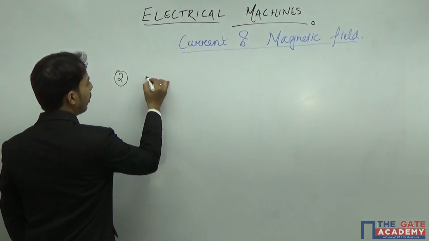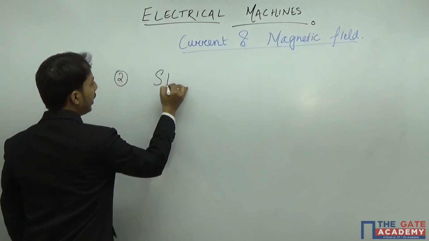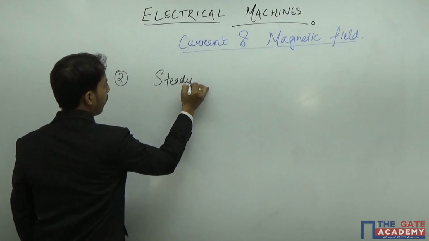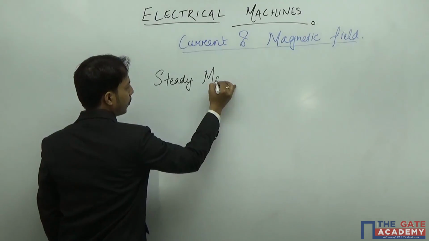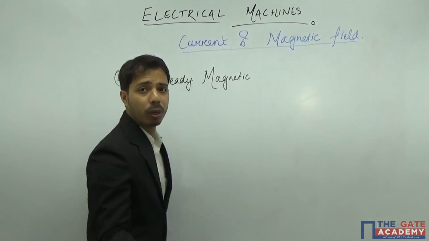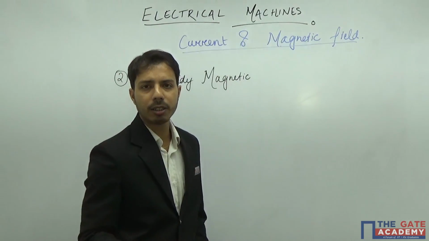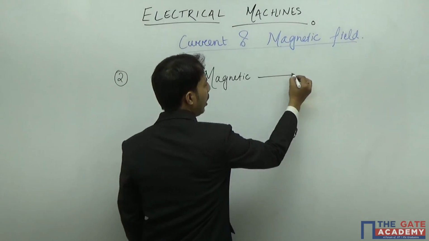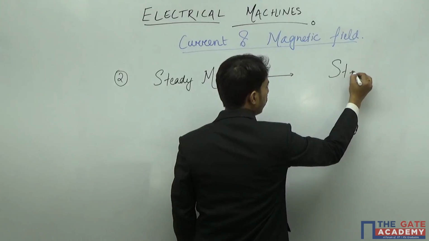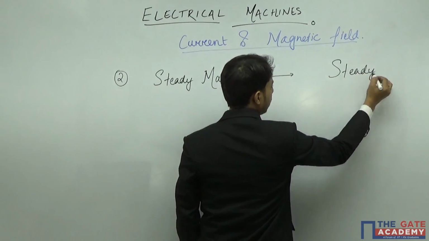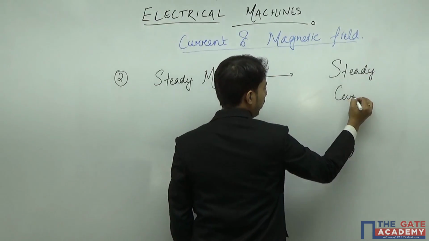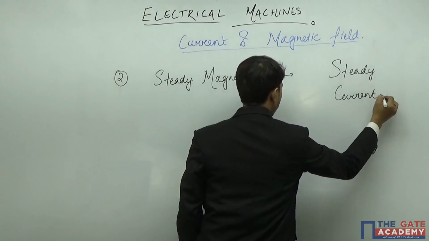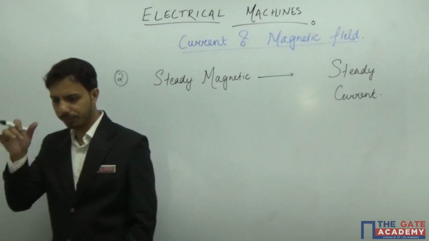So the reverse is, if I have a steady magnetic field, can it produce steady current? Yes or no? Can a steady magnetic field produce steady current or not?